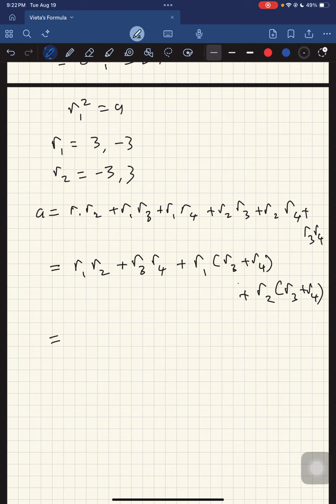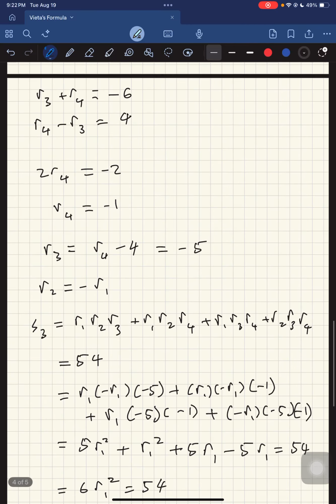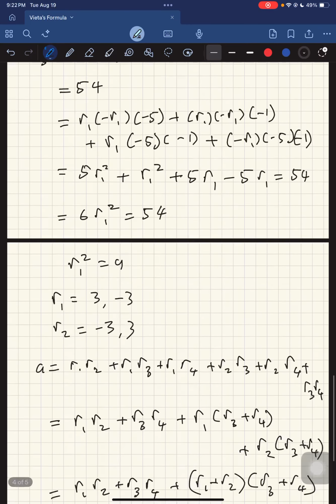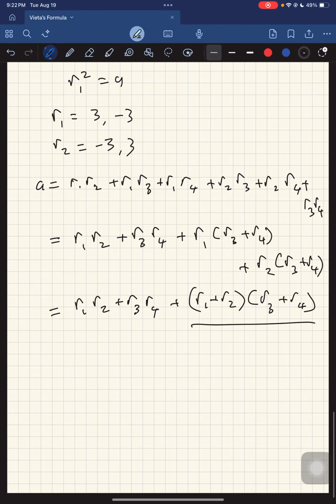Since these are both R3 plus R4, this just becomes R1 R2 plus R3 R4 plus R1 plus R2 times R3 plus R4. And note that R1 plus R2 is equal to 0 from what we have in the beginning, so this part just cancels out.